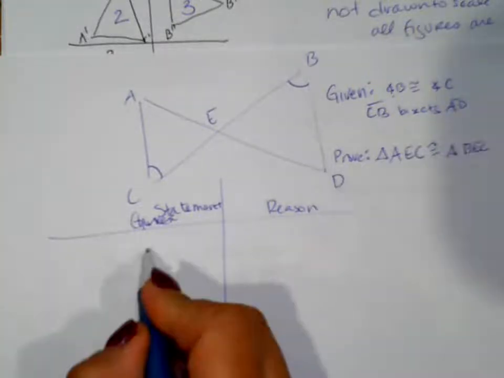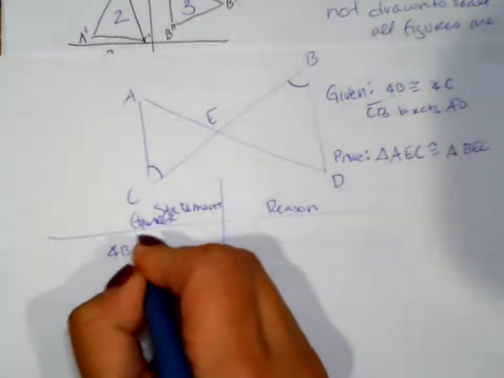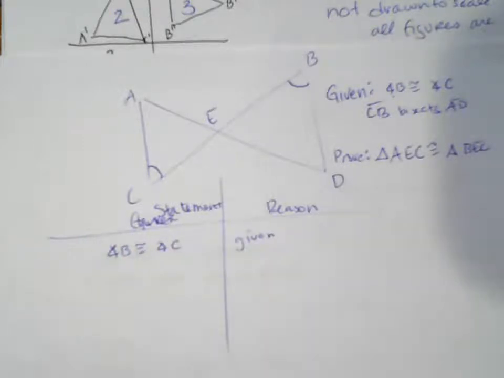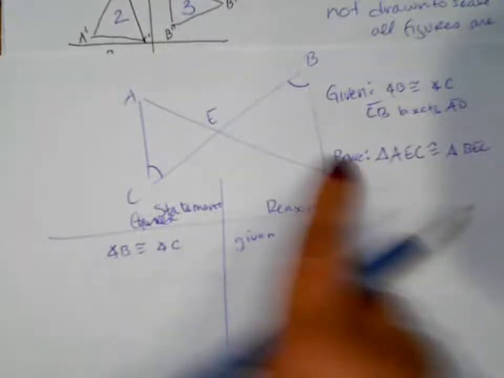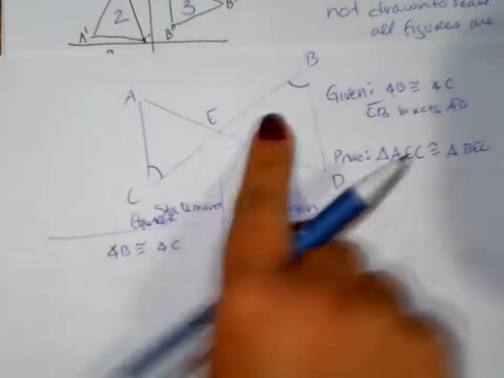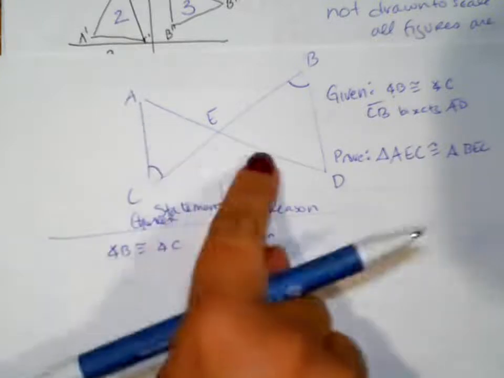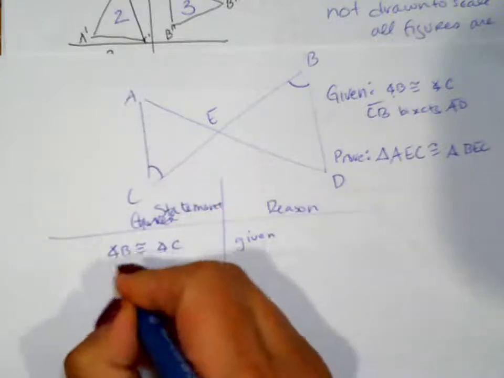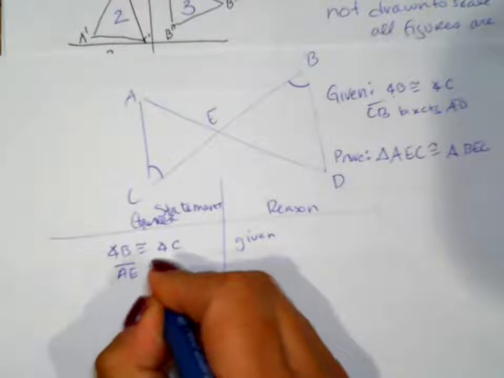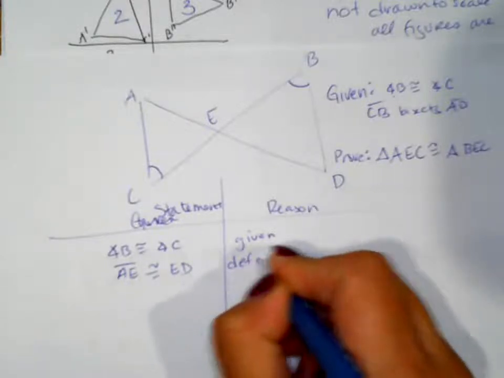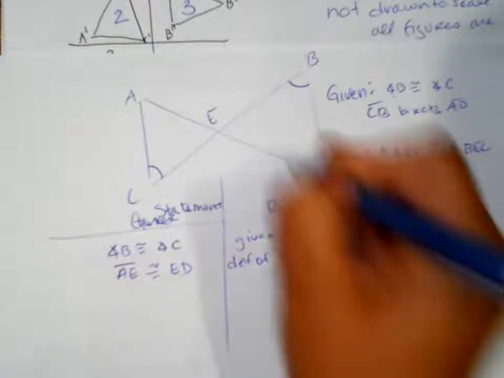That's given. I would write it here: angle B is congruent to angle C. I know that because it's given. I can say CB bisects AD. So that's going to make this piece and this piece equal. So I'm going to say AE is congruent to ED, and that is because of the definition of bisect. So I can mark that.